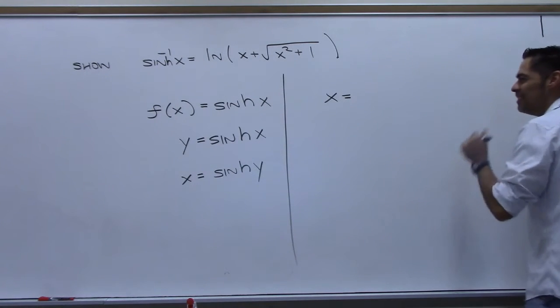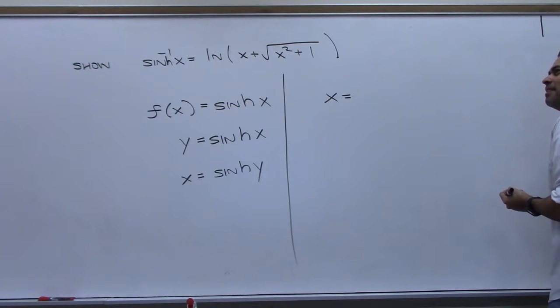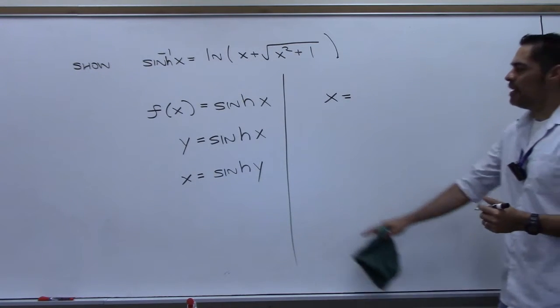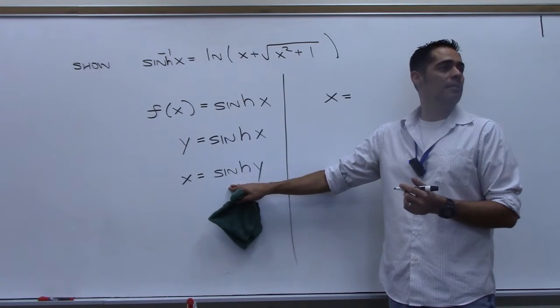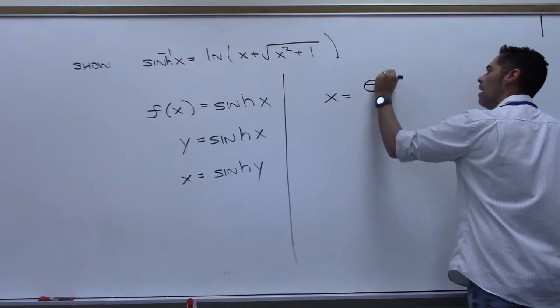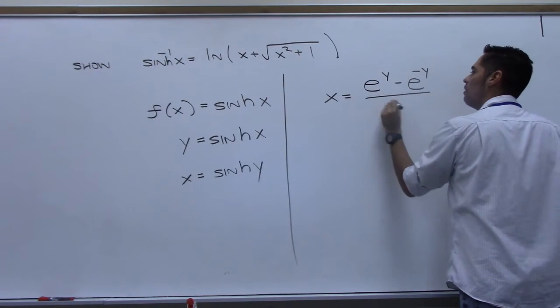Okay, well, I guess we associate magic with something that's not real, an illusion. We'll stick with beautiful. Okay, what is the definition of sine hyperbolic y? By definition, it's e to the y minus e to the negative y over 2.